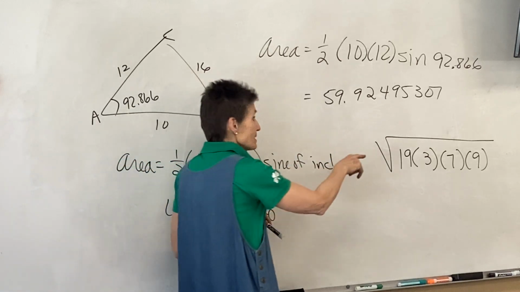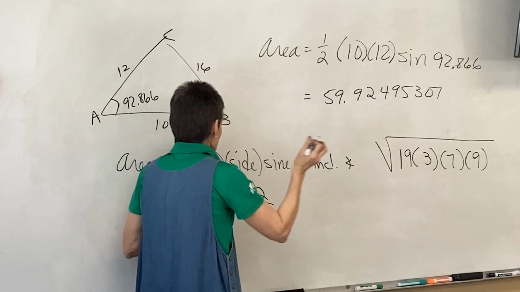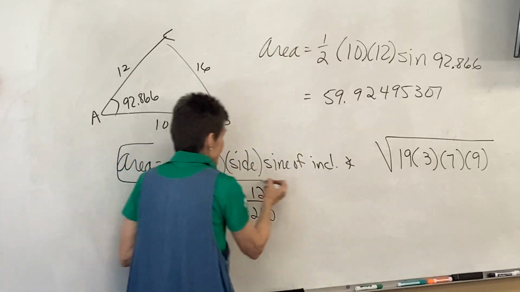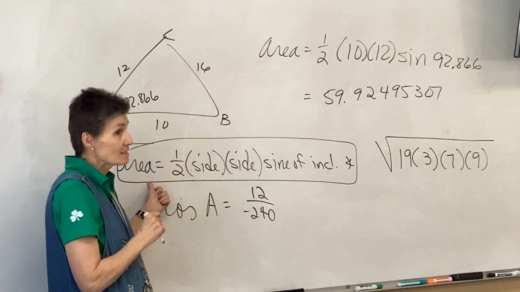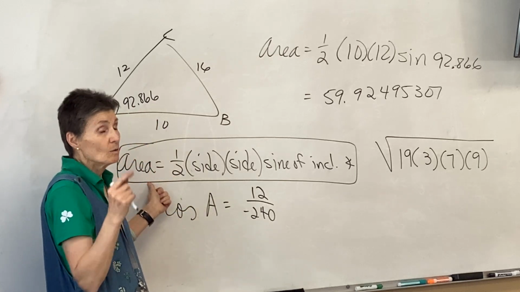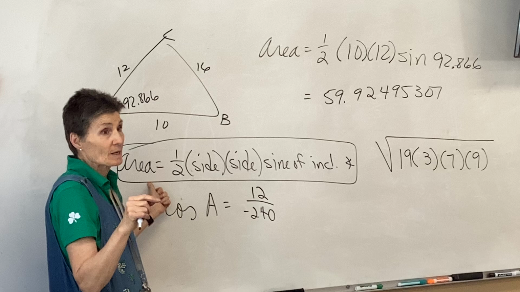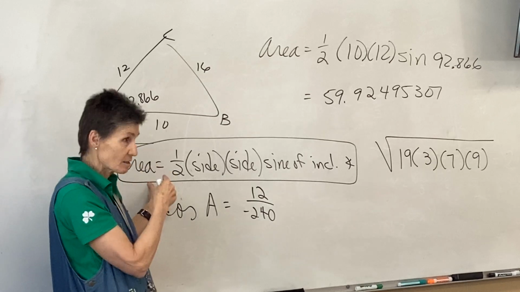So, what is this? Let me just make sure this is written down somewhere on your paper, because that is how we can find area. 1/2 side, side, side. And there will be times when that's the best way to do it.